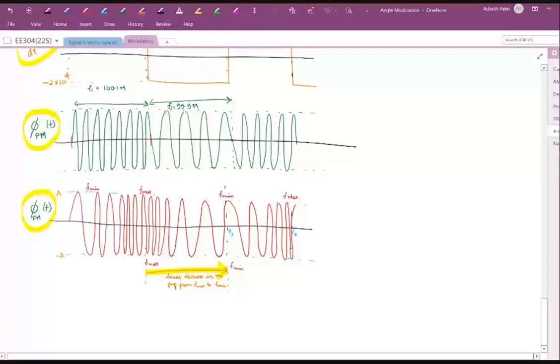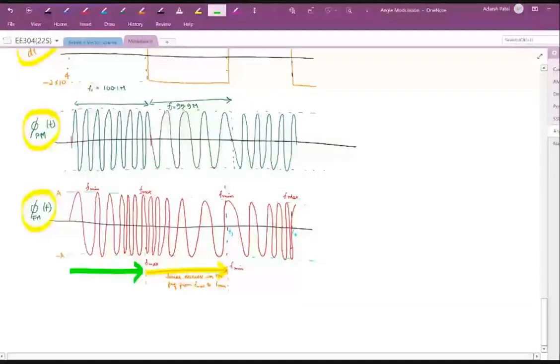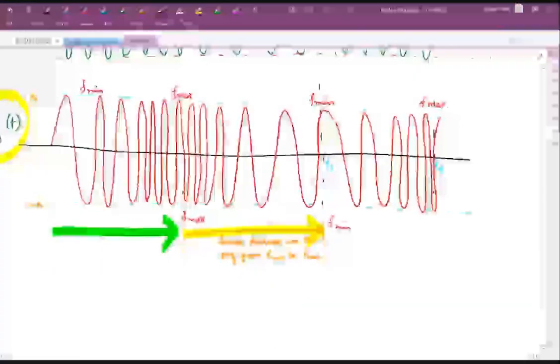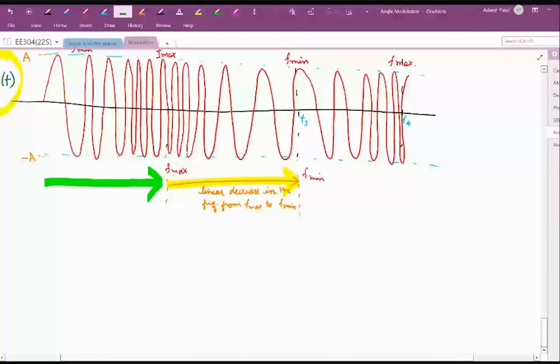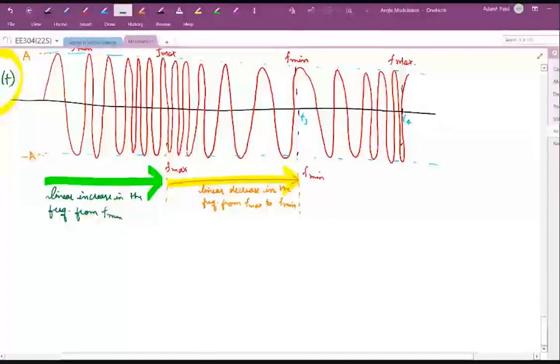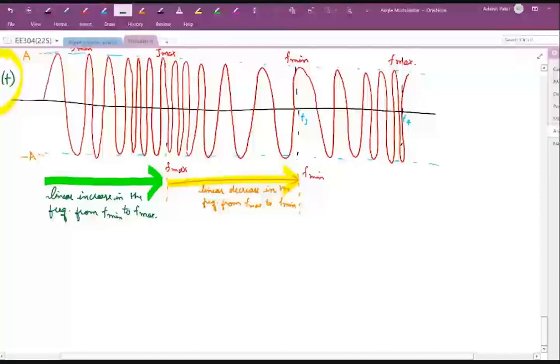So if I now see in this portion, there is a linear increase in the frequency, from fmin to fmax. Yeah, this is what we obtained in the last lecture.